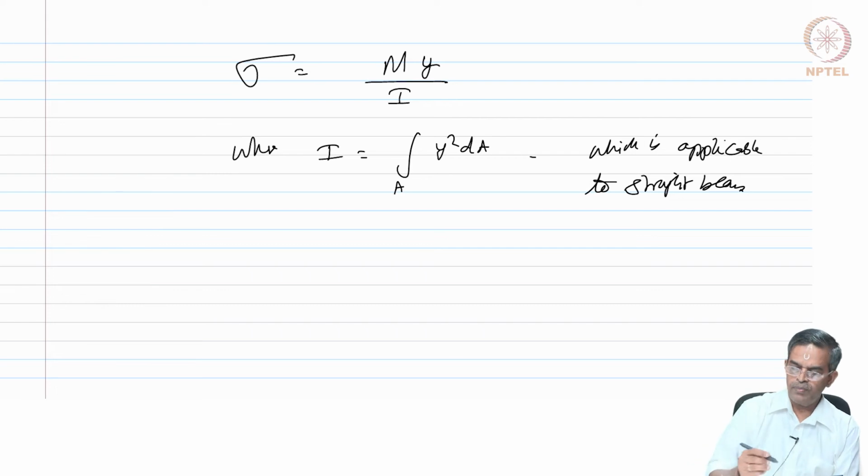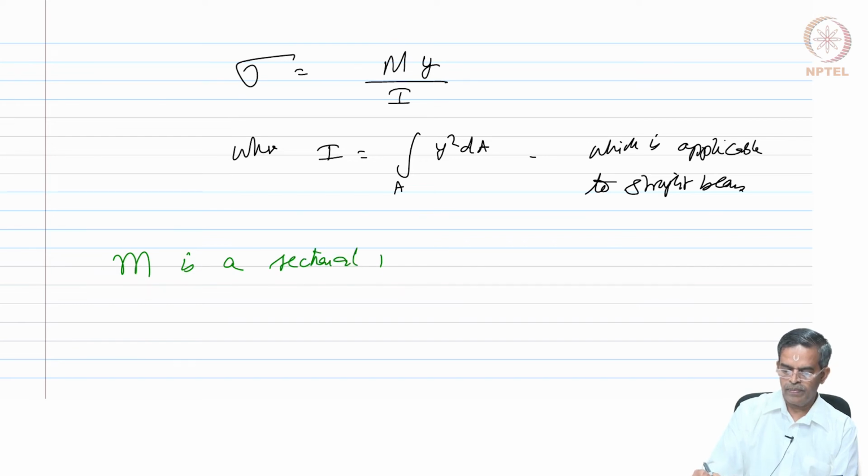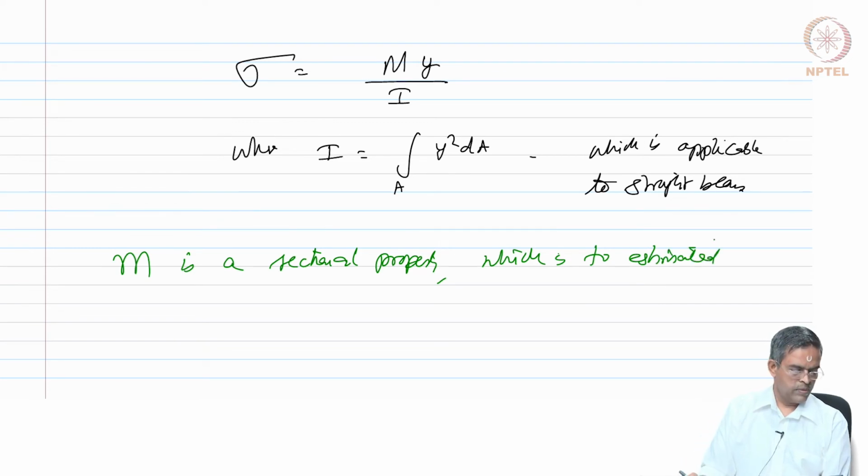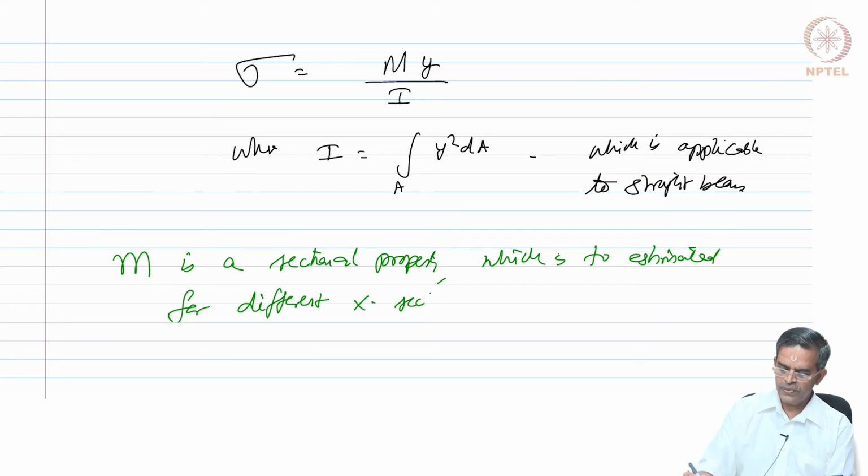Now friends, there is an important statement here. m is a sectional property, which is to be developed or which is to be estimated for different cross section shapes used as curved beams.